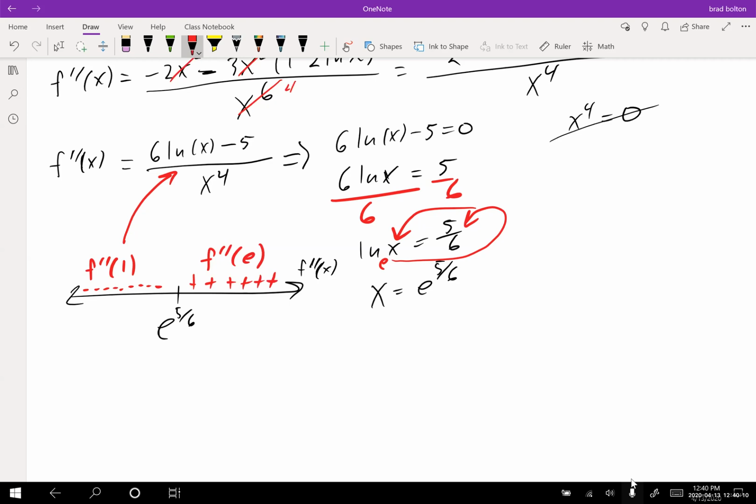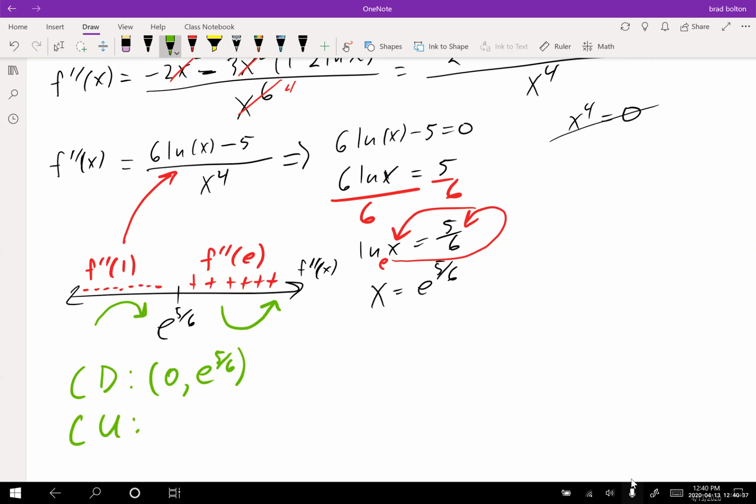So that means now we can say that our concavity, and by the way, I sometimes write it like this. This means concave down. This means concave up. So now we have concave down, a lot of times I just abbreviate it, from 0 to e to the 5/6.